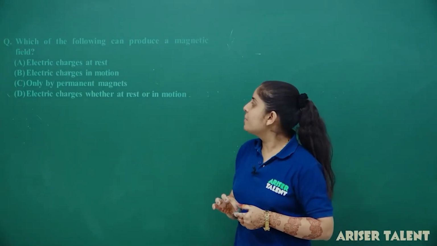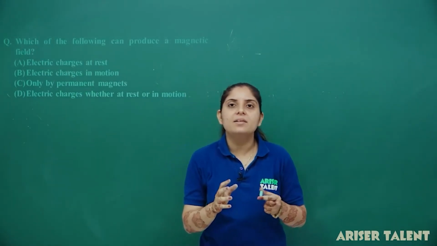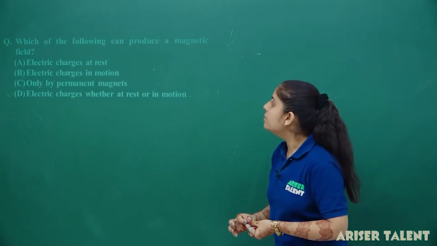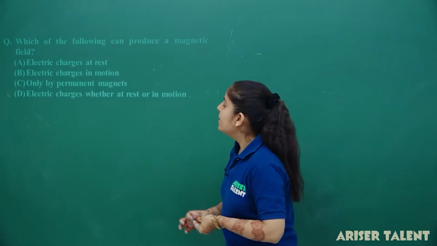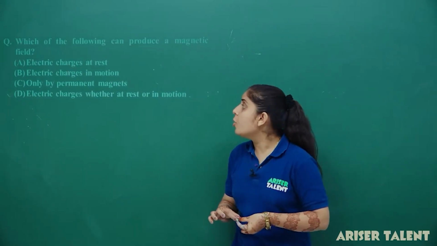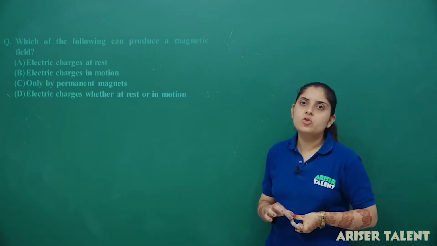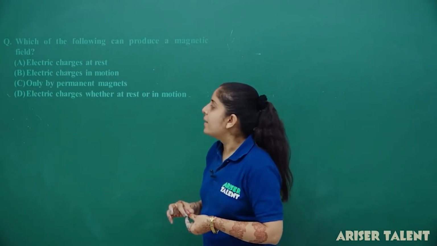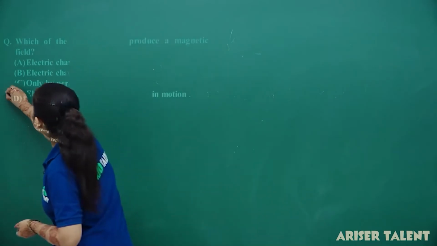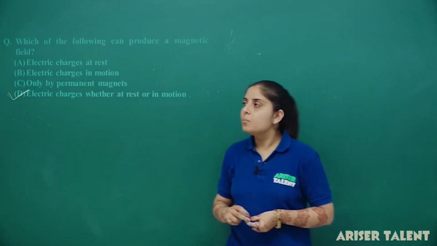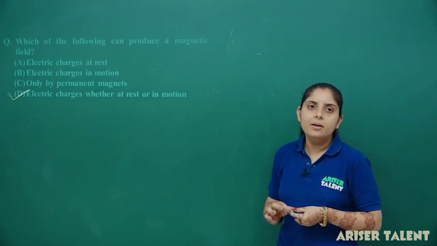The magnetic field is basically produced by charges, whether they are at rest or in motion, it doesn't matter. So check the correct option here. Electric charges at rest, electric charges in motion only, only by a permanent magnet, electric charges whether at rest or in motion. They are going to produce a magnetic field whether they are at rest or in motion. So we have only option D correct here, both at rest or in motion.